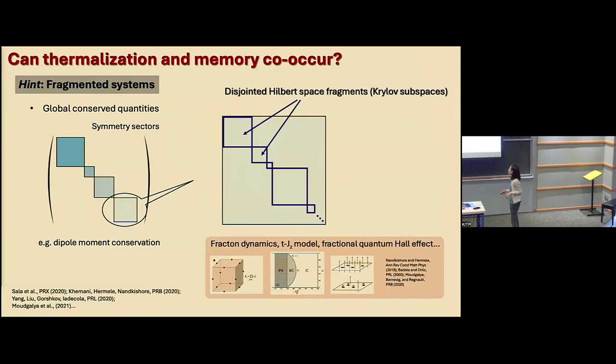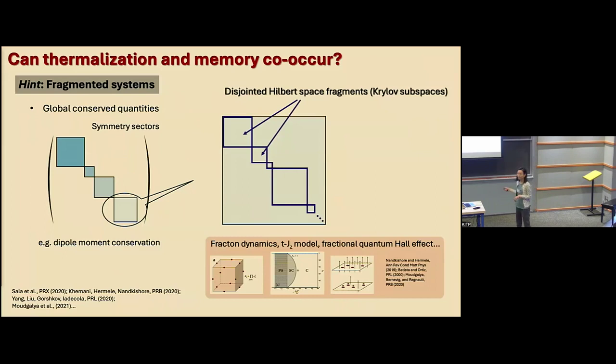Okay, so coming back to how you can get thermalization and memory to co-occur, one hint in which this can occur is looking at fragmented systems. Again, these are systems where the Hilbert space has been fractured into exponentially many disjointed fragments, also known as Krylov subspaces. I want to make a distinction between this Hilbert space fragmentation and what we usually know as symmetry sectors.